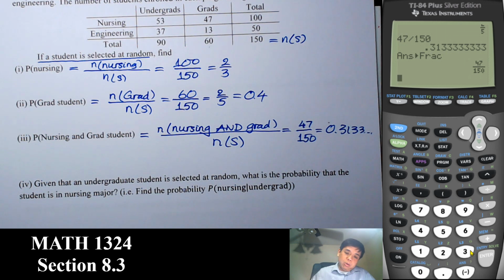Next, given that an undergraduate student is selected, what is the probability that the student is a nursing major? So that is, find the probability of nursing and undergrad.